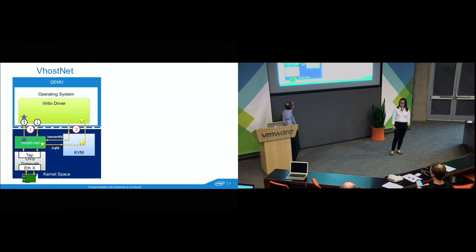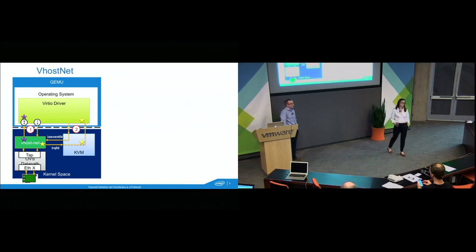In order for the data path and the notification path to actually work, QEMU needs to share some information with the kernel module, Vhost-net. The first piece of information QEMU needs to share is the layout of the guest memory space so that the Vhost-net module can translate addresses.